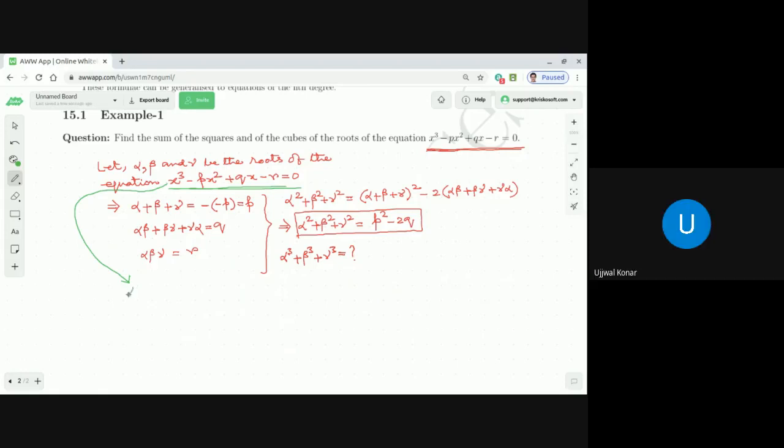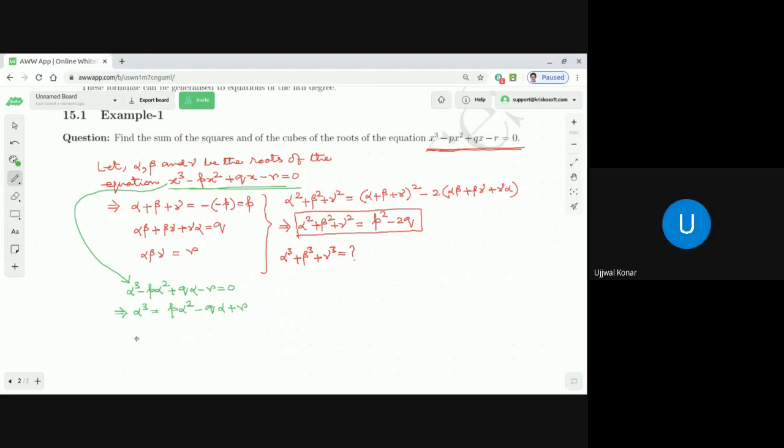So what we are going to get? Alpha cube minus p into alpha square plus q into alpha minus r equal to 0. Correct or not? So from here we get alpha cube is equal to p into alpha square minus q into alpha plus r.